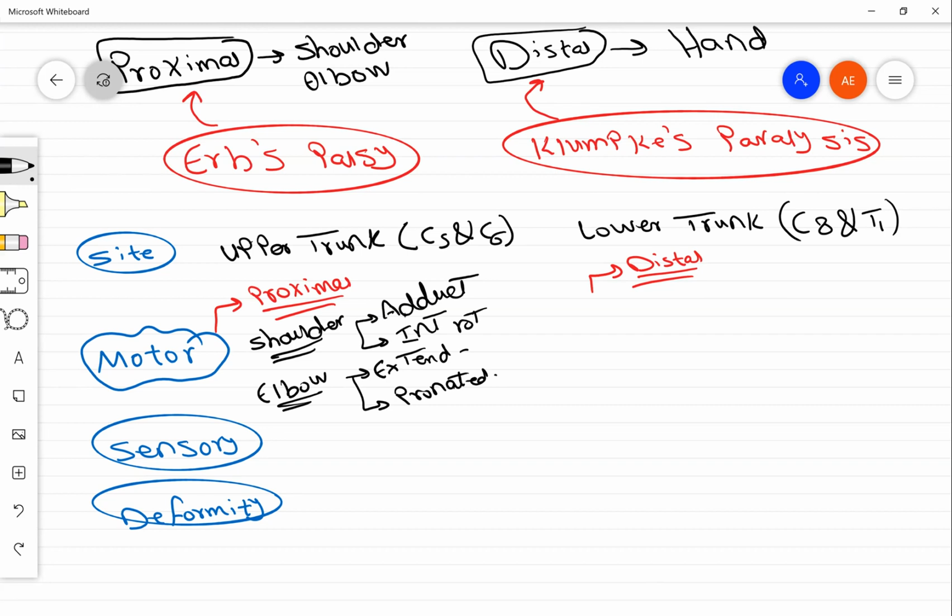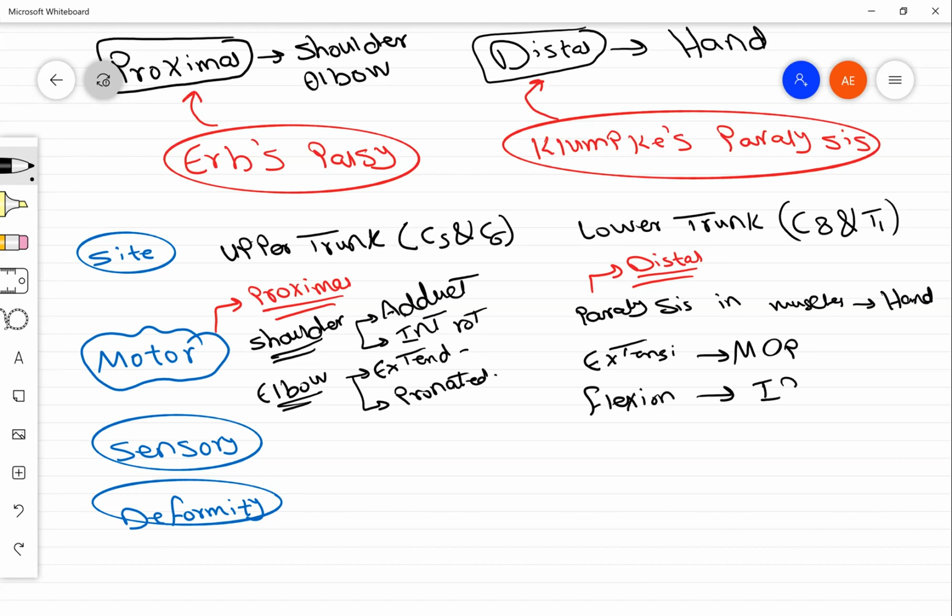In Klumpke paralysis, what will be the problem? Paralysis in muscles of the hand, there will be hyperextension in the metacarpophalangeal joint and flexion in the interphalangeal joint.